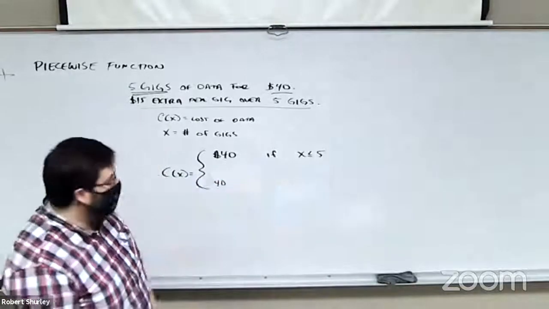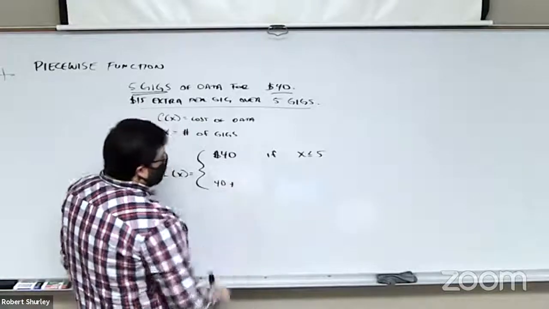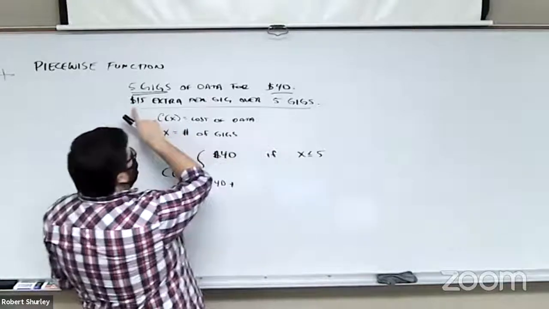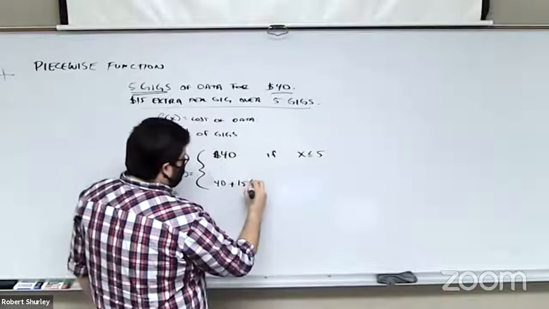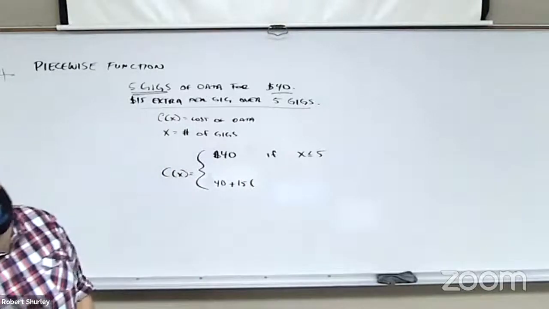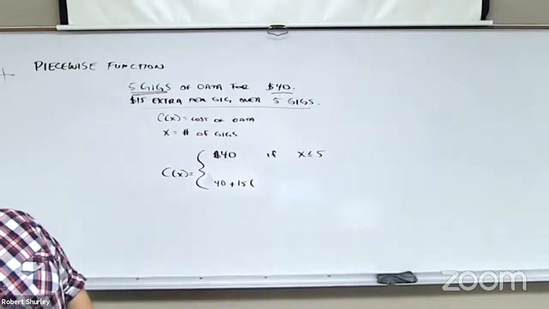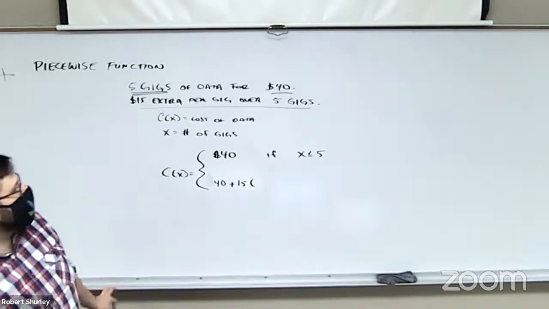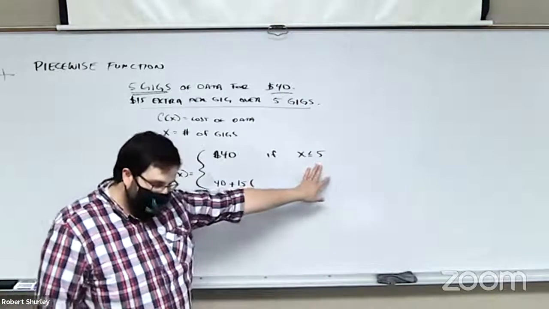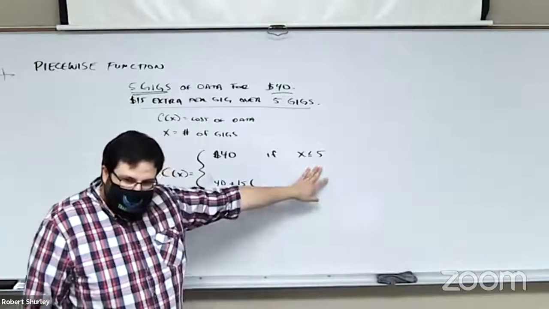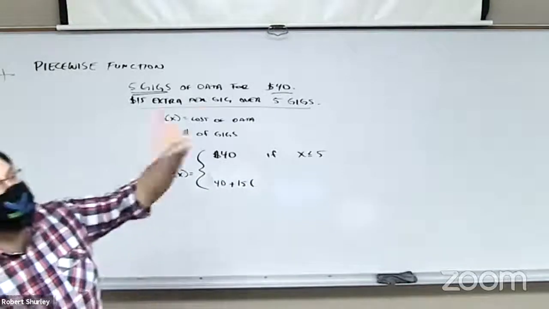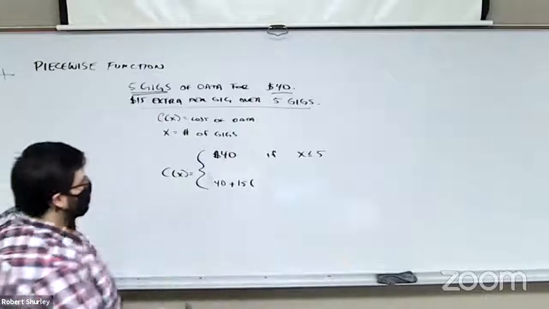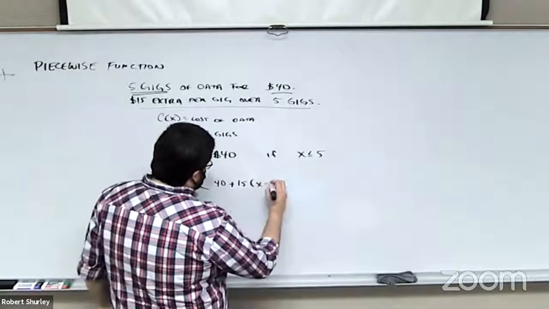So that's $40 plus $15 times, it wouldn't be X because you already paid for the first 5 of those X's. So it's any X value over 5. So it's going to be X minus 5. Yes, ma'am.